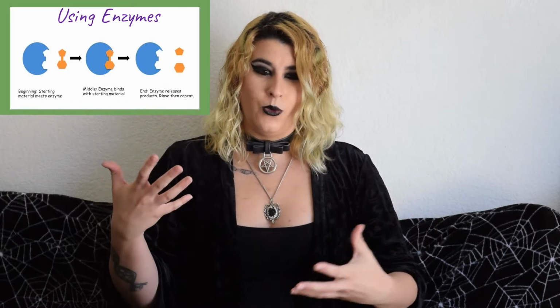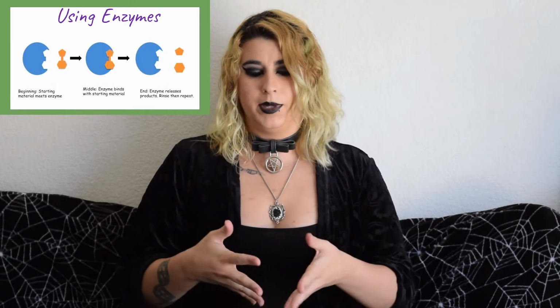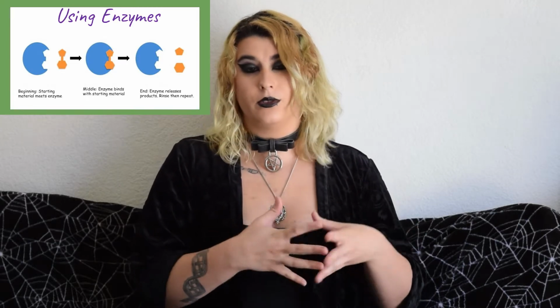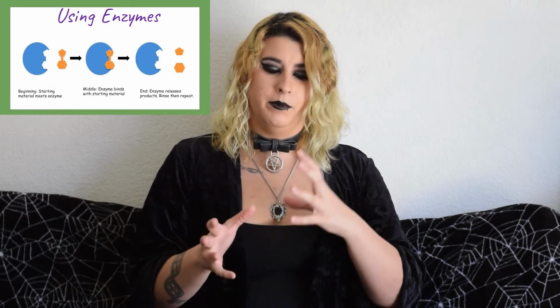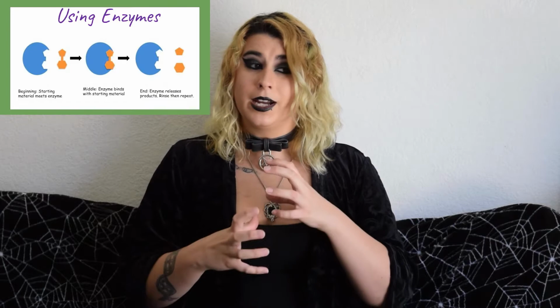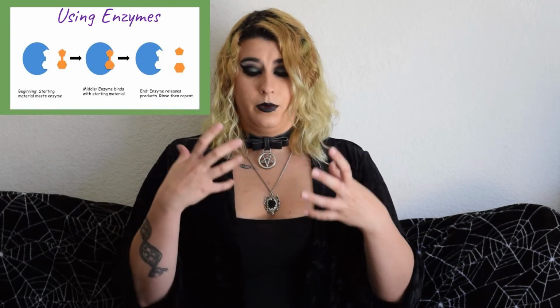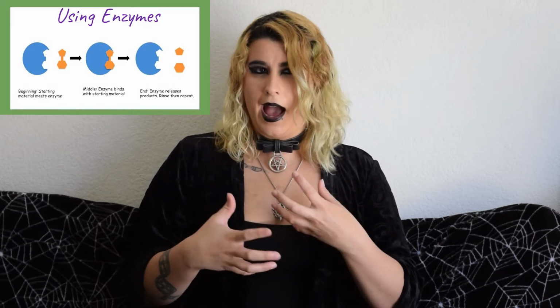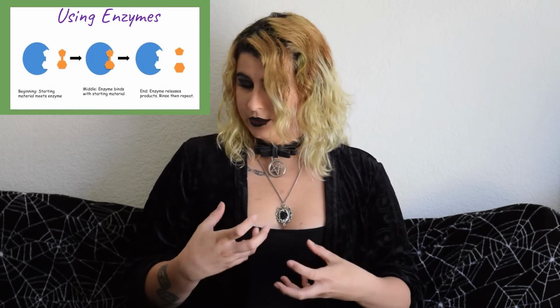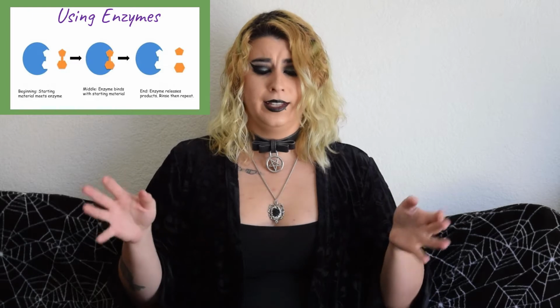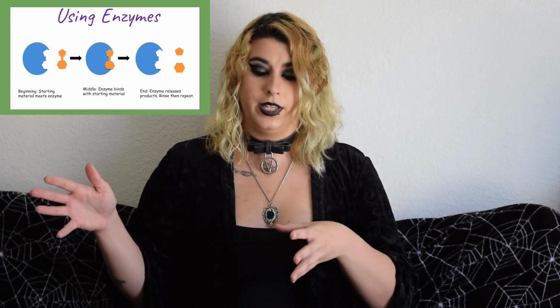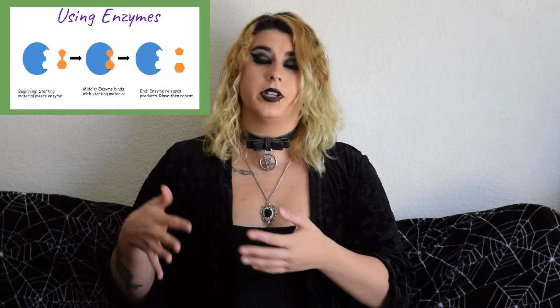But essentially what happens in the enzyme, at the beginning, your starting material is going to meet the enzyme. In the middle, that enzyme is going to bind with the starting material, and the cooking is going to happen, if we're going to keep following the metaphor here. And at the end, the enzyme is going to release the products and then rinse and repeat.